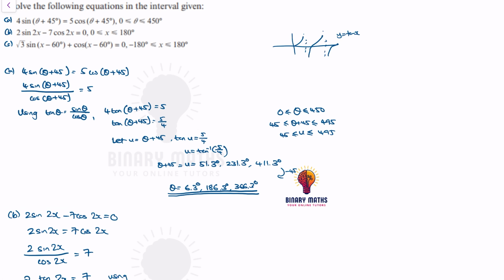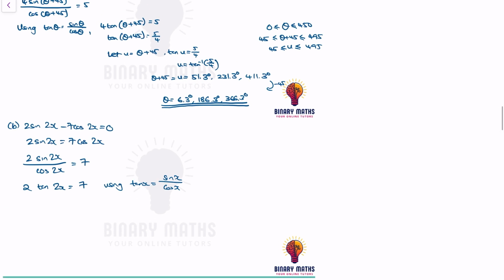Using the first identity, which is tan x is equal to sine x over cos x, the input has changed consistently, so that works. Okay, which means tan 2x is equal to 7 over 2.